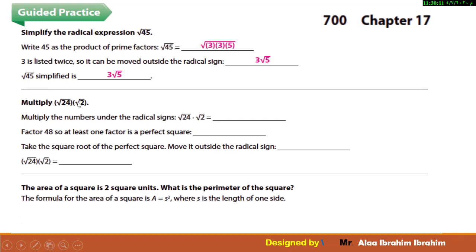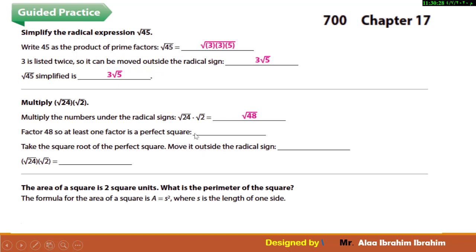The other example, we can multiply together and then simplify, or maybe simplify and then multiply. We have many options. I multiply first together, so we put one root, then multiply this together: 2 times 24 is 48.